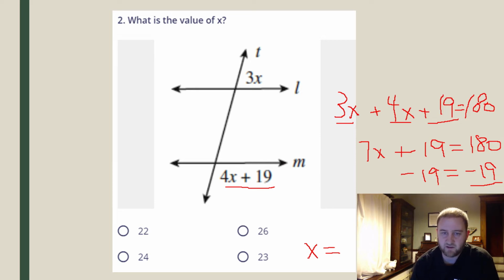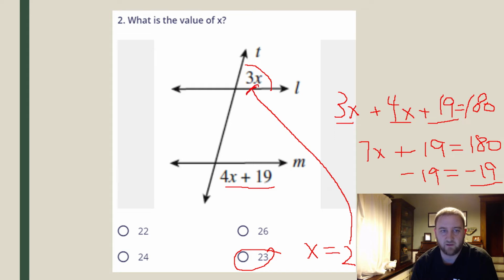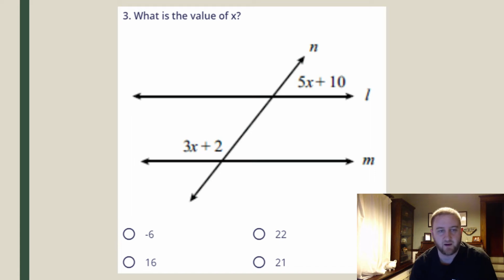That is 23, which is this answer right here. So x is equal to 23. If we wanted to find out what this angle is, we would take 23 and plug it in for x right there, so it'd be 3 times 23. If we wanted to find what this angle is, we'd plug 23 in for x right there. All right, next example.